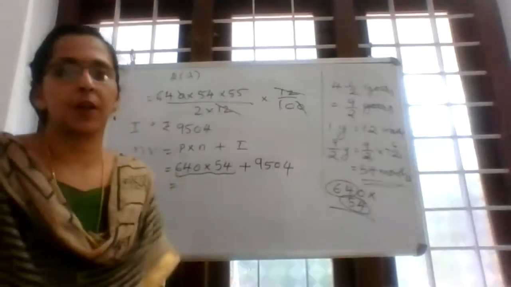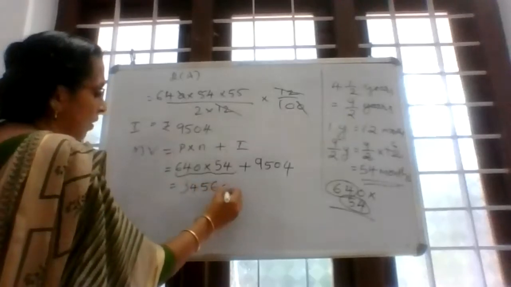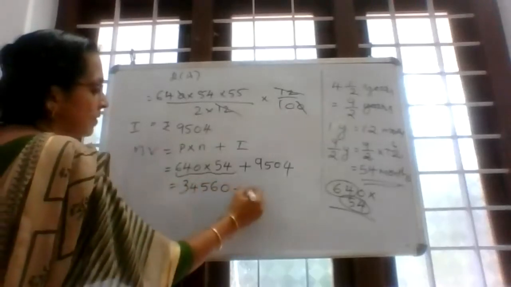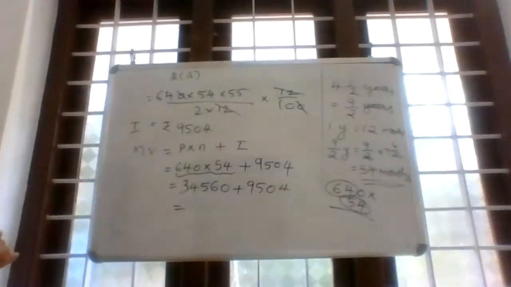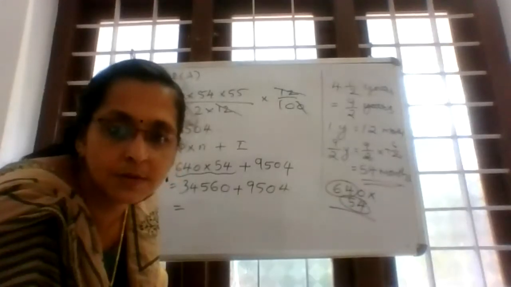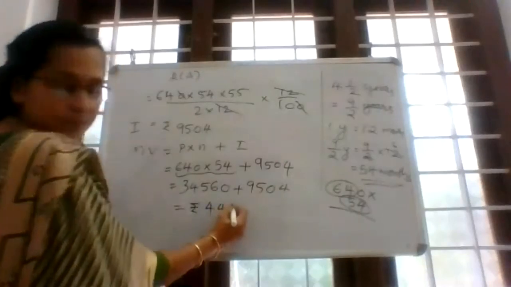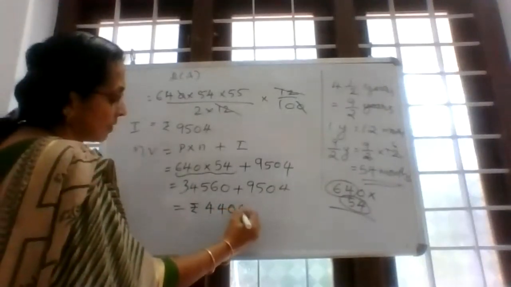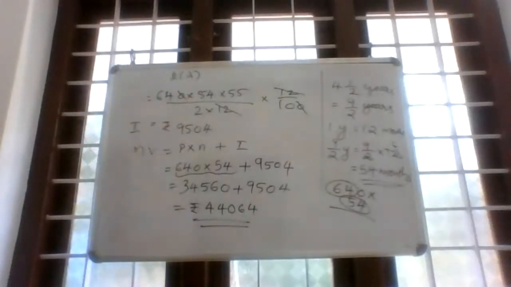This answer is 34560 plus 9504. So final answer will be 44064 rupees. So maturity value is equal to 44064.